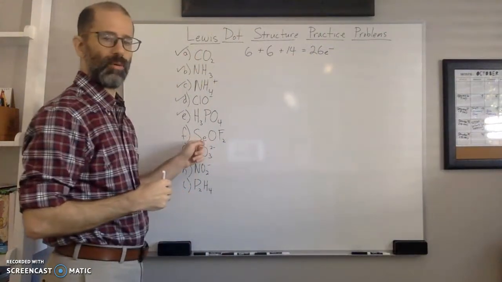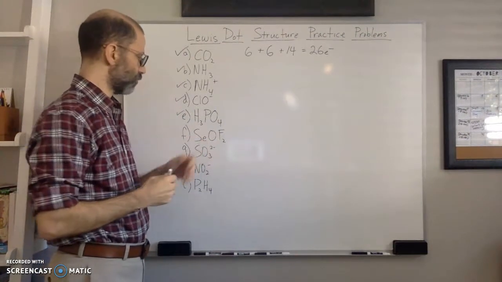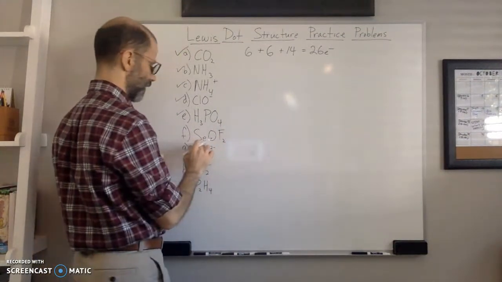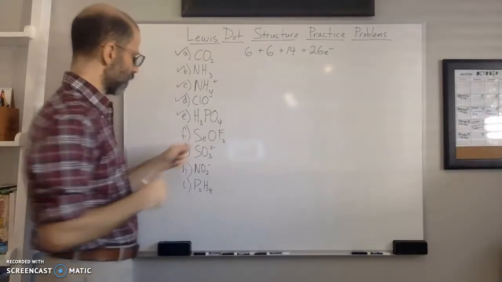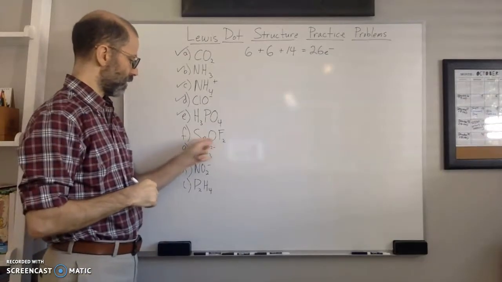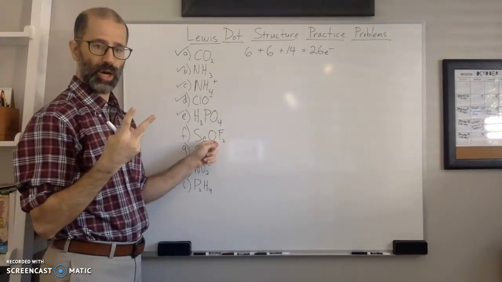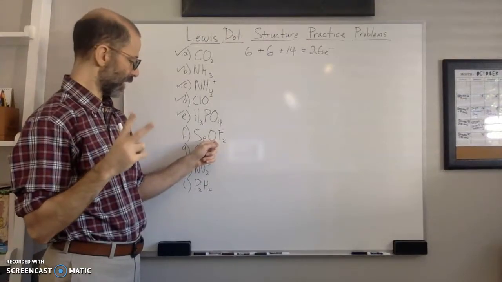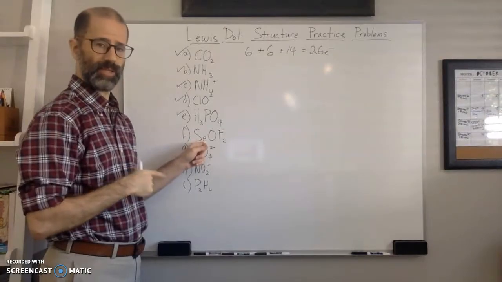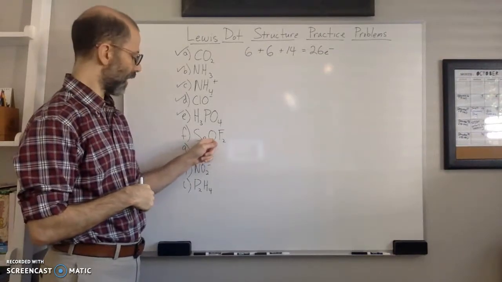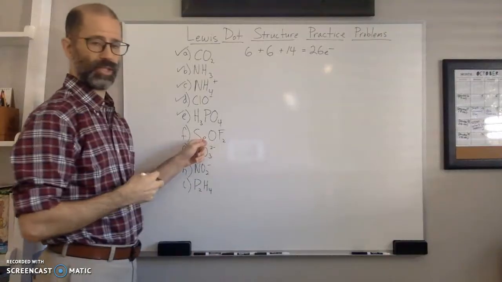Now we're going to do the skeletal structure. Like I said, selenium's written first. Even though selenium and oxygen both have 6 valence electrons, and therefore 2 unpaired electrons, selenium is definitely less electronegative than oxygen, hence the reason it's written first.